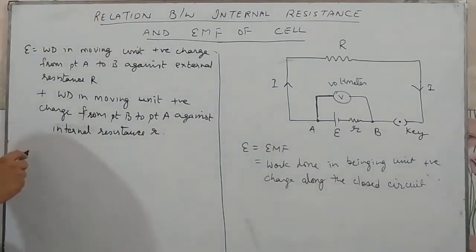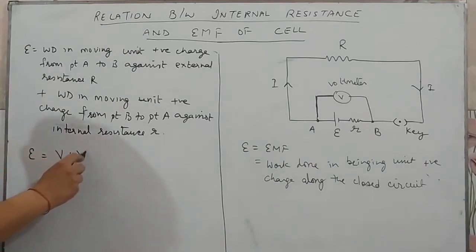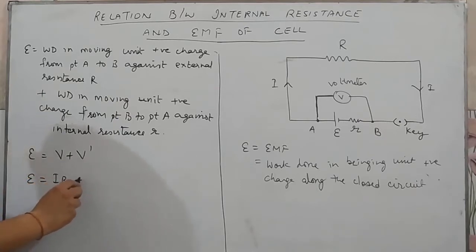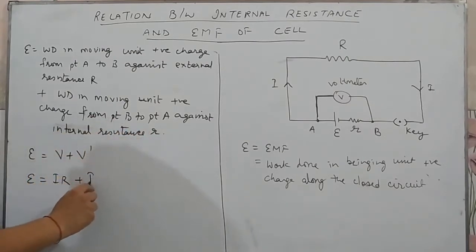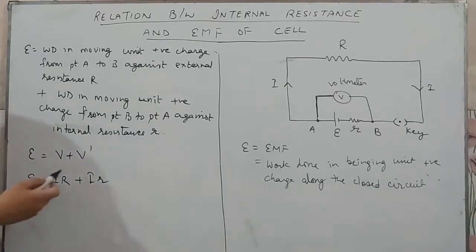This can be written as E equals V plus V dash. Now put the values. If current is equal to I, then the work is written as IR. Here, V dash is the amount of work against the resistance small r, which will be equal to I into small r. Take I common.